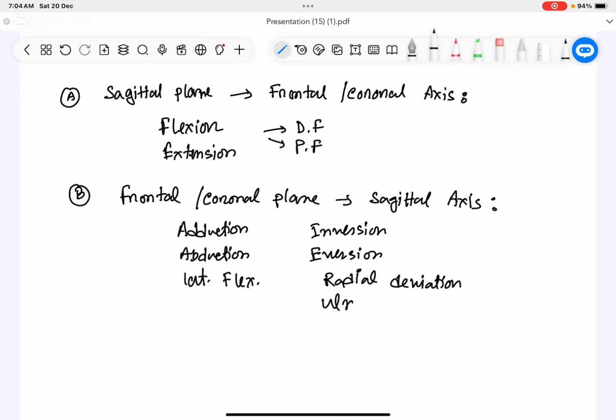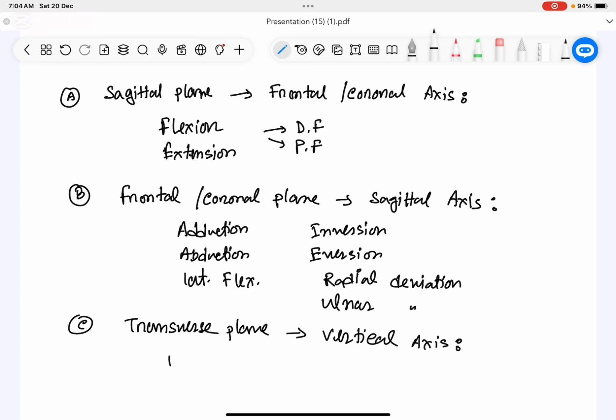Now the last one is transverse plane. Transverse plane, the axis will be vertical, and we know in vertical axis the movement is rotational movement.